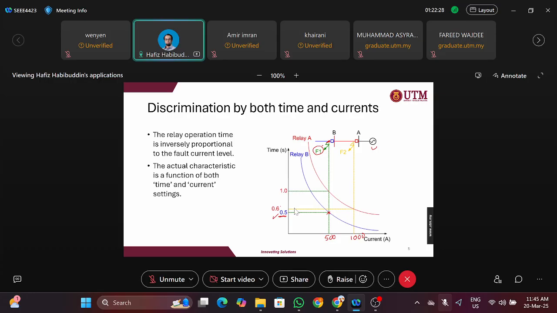You need discrimination with relay A, because relay A will also see 500 amp. But for relay A, you will adjust it to operate at 1 second. For a fault of 500 amp, relay B will act faster because it is closer to the fault, and relay A will be slower because it is closer to the source. So you have discrimination by time here.